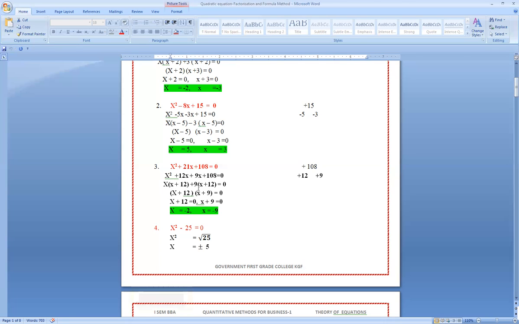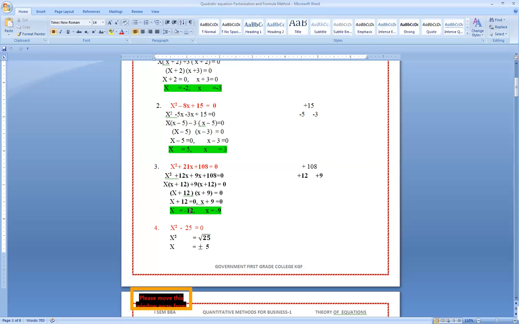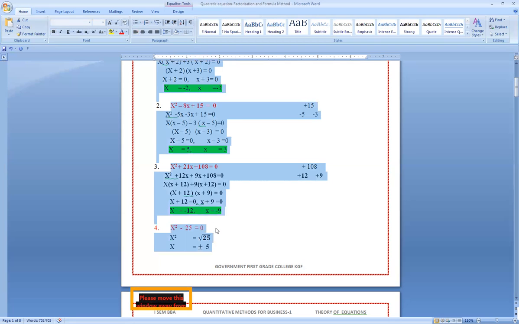Now 9 is a common, so x plus 12 will become, because 9 12s are 108 here. Therefore, the two values of x we are going to find. One is x plus 12, another one is x plus 9. Therefore, the value of x, one will become minus 12, another one will become minus 9. So this is how we need to calculate the value of x under the factorization method.